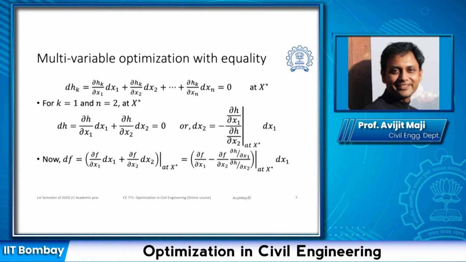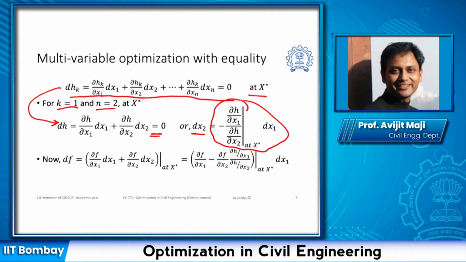As we had said, the first order derivative can be written as this, which is equal to 0 in a generic form at a point x star. Then we can say if we have only one constraint and two variables, this equation can be easily written this way, and here this is equal to 0. So we can express this equation in such a way that dx2 becomes of this value.